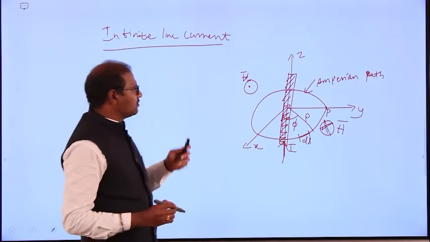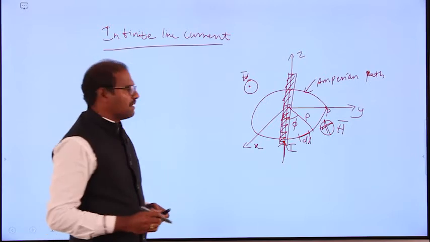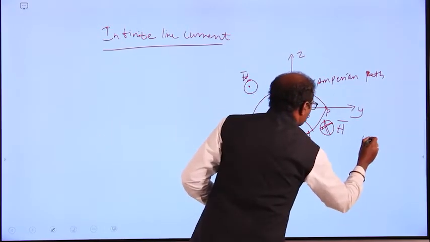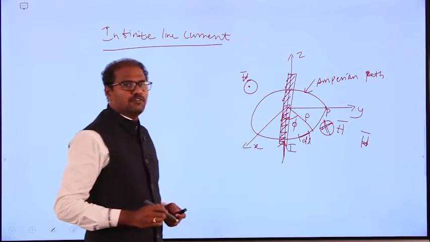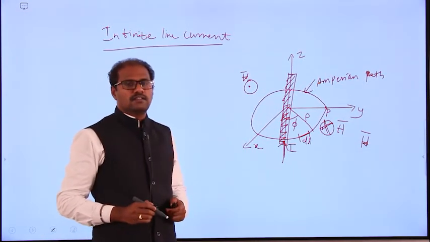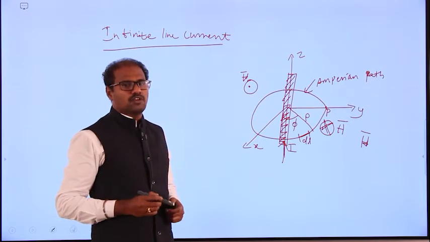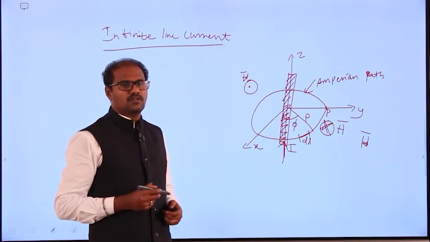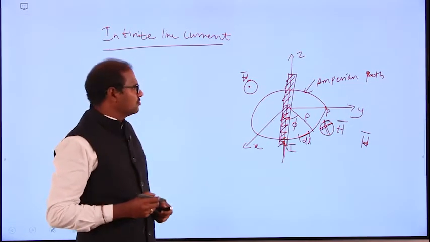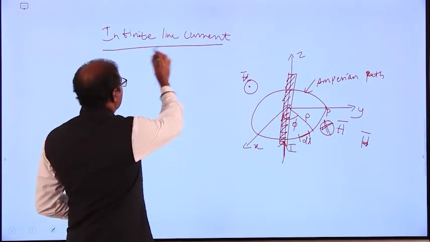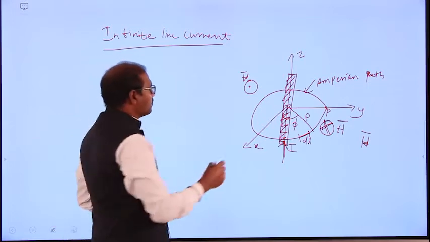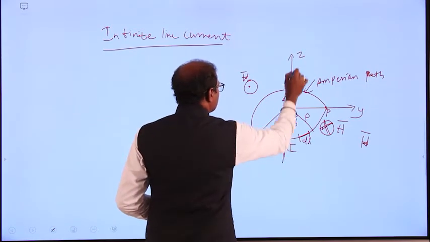Now we have to find the magnetic field intensity H with the help of Ampere circuit law. Again, this is an infinite line current.